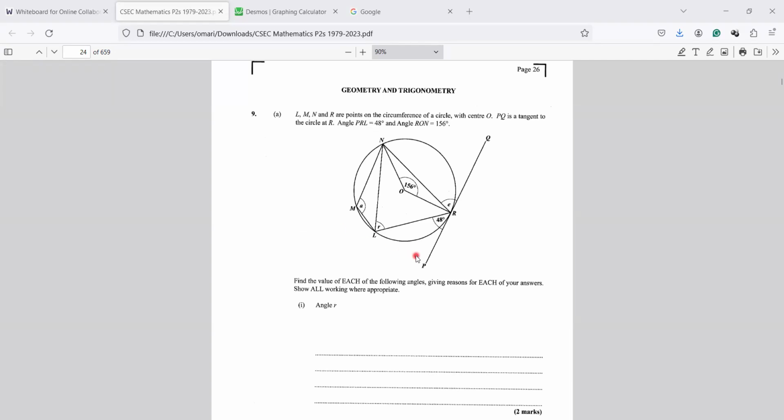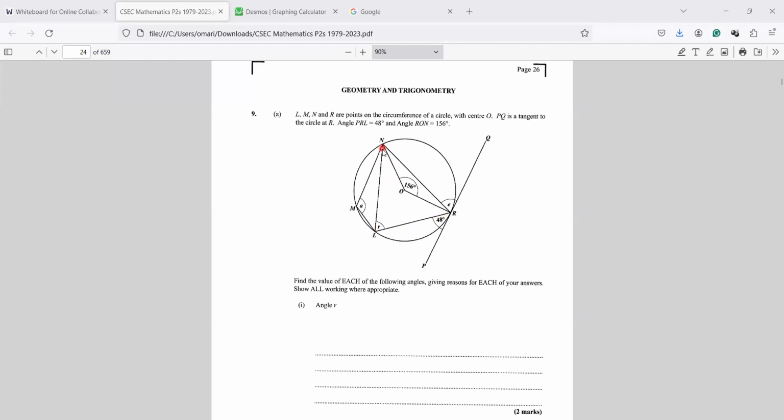Right. So I'm not seeing any responses in the chat as yet, but what I'd suggest is that the first thing we do, we start by looking at our angle, find out where angle R is, right? We look at the diagram, angle R is between R, L, and N, right?